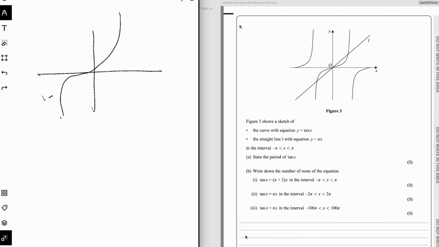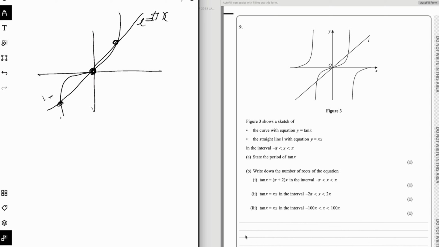This is one intersection, this is the second intersection, this is the third intersection. This is L equal to pi x. If pi plus 2x is also the same case, it will intersect at 3 places between minus pi and pi.